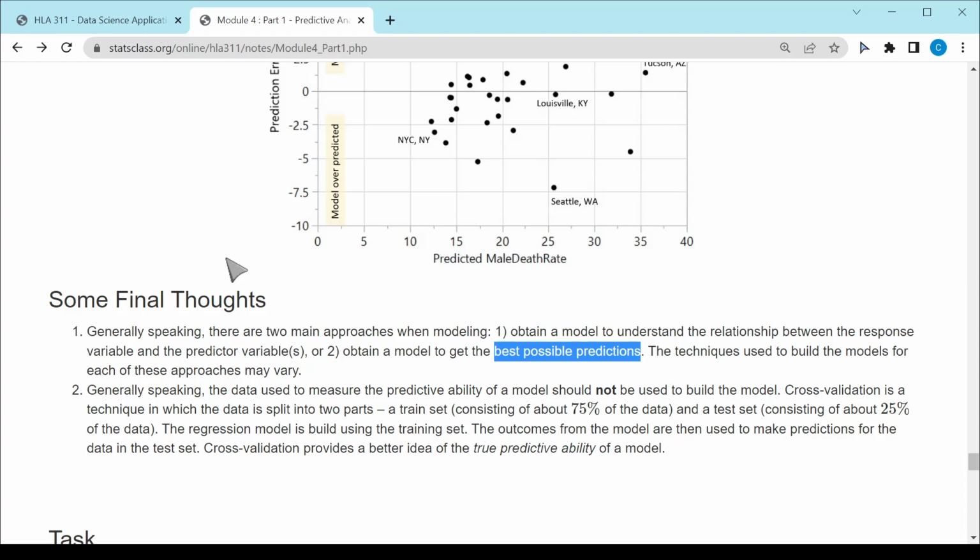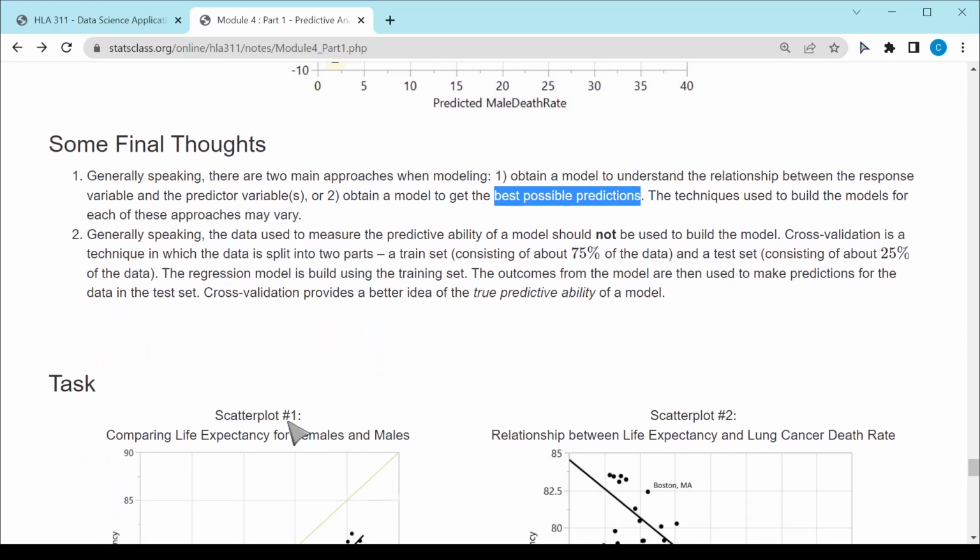I would use the other 25 or so cities to build the model, and then I would verify the model or test the model on those 5 to 8 cities that were held out. Again, that's going to help me better measure the true predictive ability of a model.